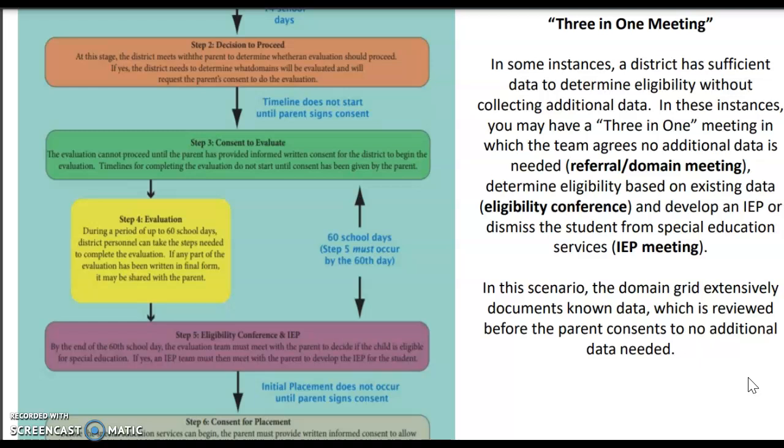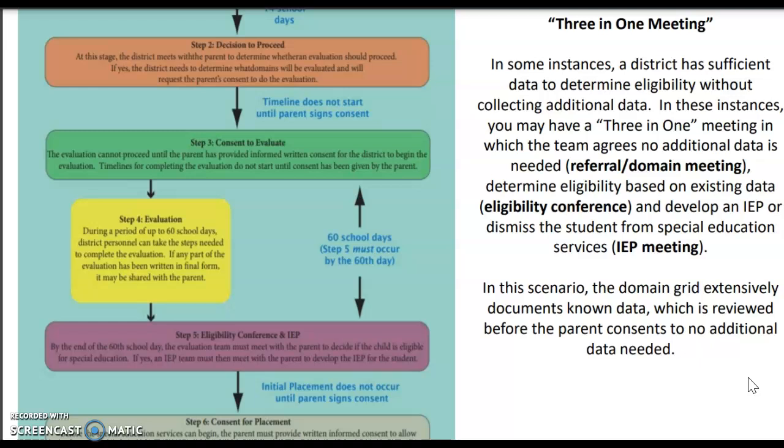So that's the 3-in-1: the referral or domain, determining that no additional data is needed, and then going straight into eligibility, and then going into either developing the IEP or dismissing the student from special education services.